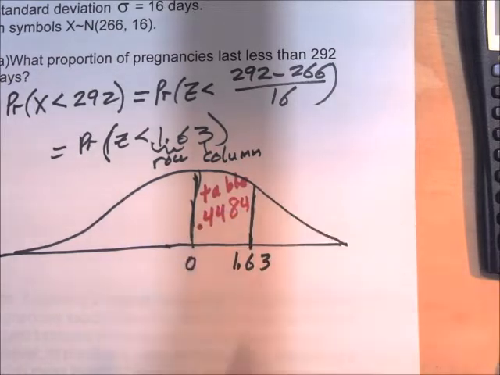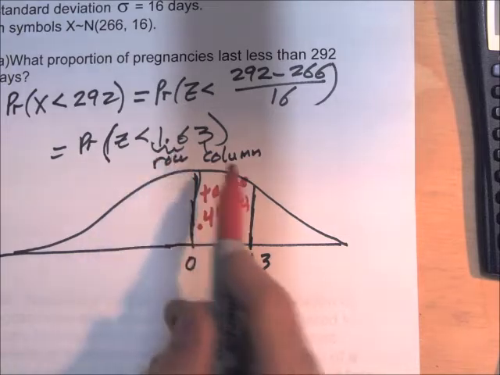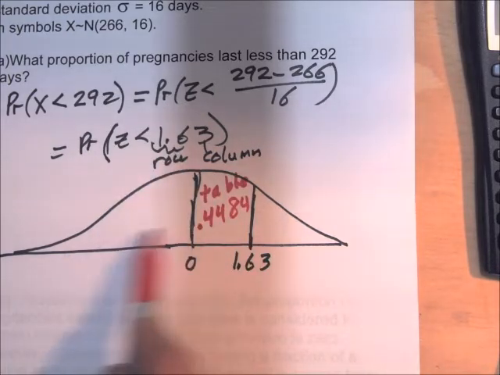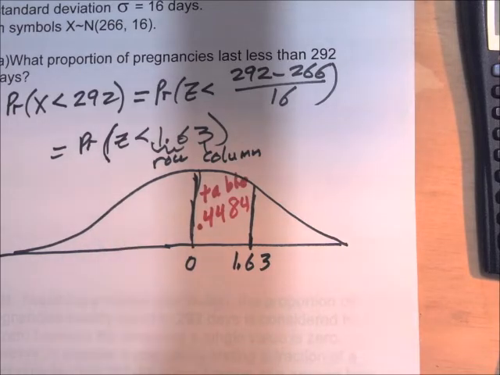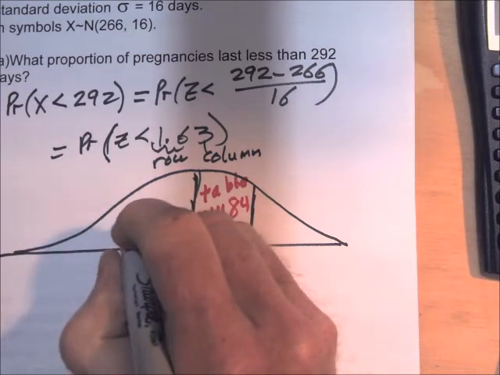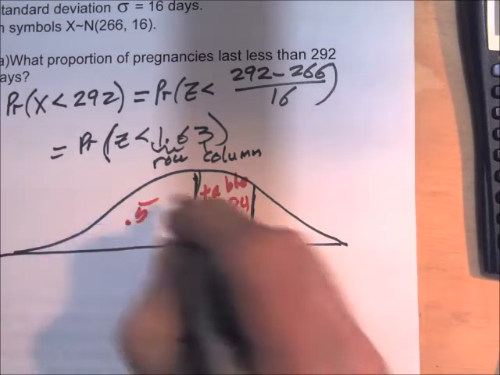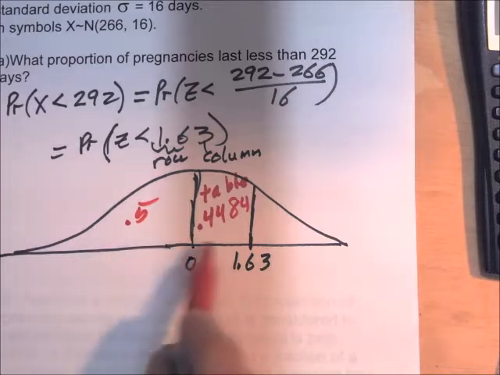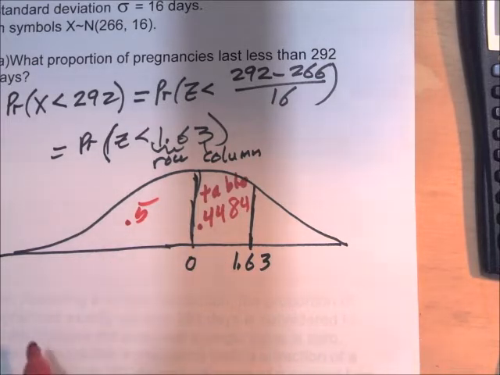But we want not just the z-scores between 0 and 1.63, but also the z-scores that are less than 0. So the whole bottom half is 0.5. So we want to add 0.5 plus the value from the table.